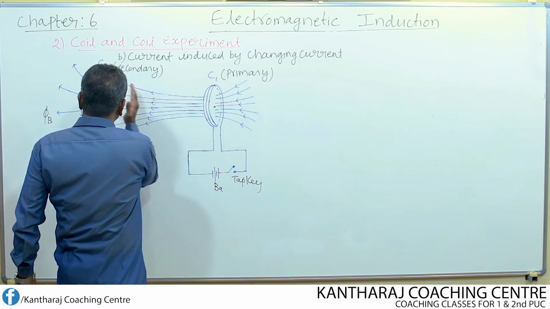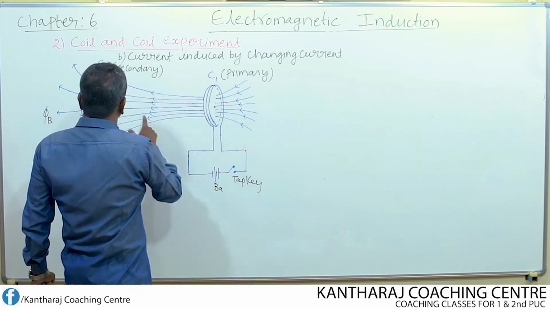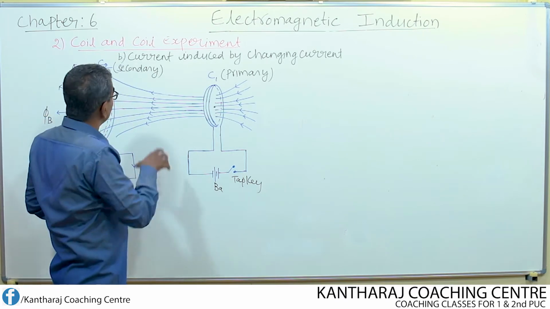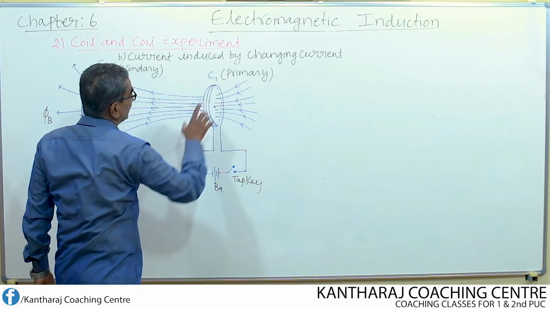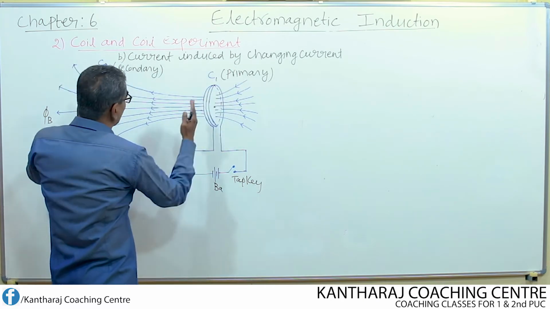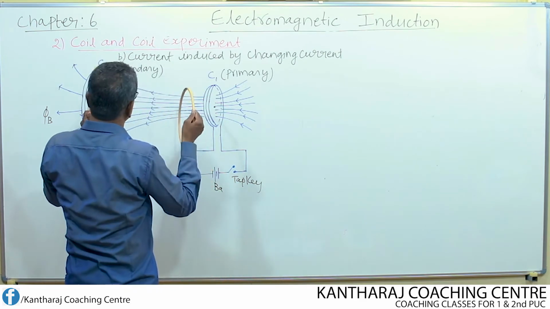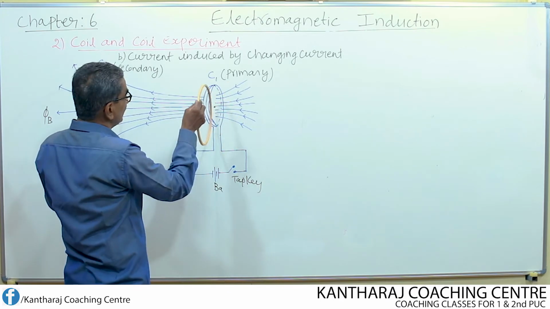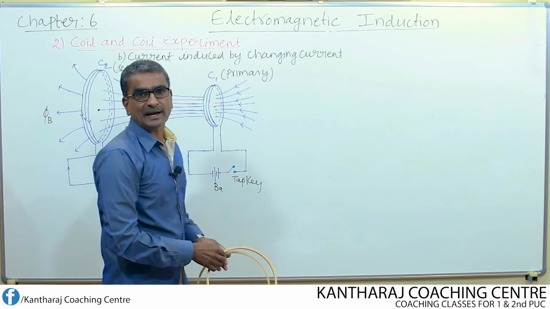Either by moving C1 towards C2 or withdrawing it from C2, the flux linking with C2 used to change, provided C2 is kept at rest. But in the second part, we keep both the coils at rest. No need to move them to change the flux. We change the flux linking with the secondary coil by operating the tap key.